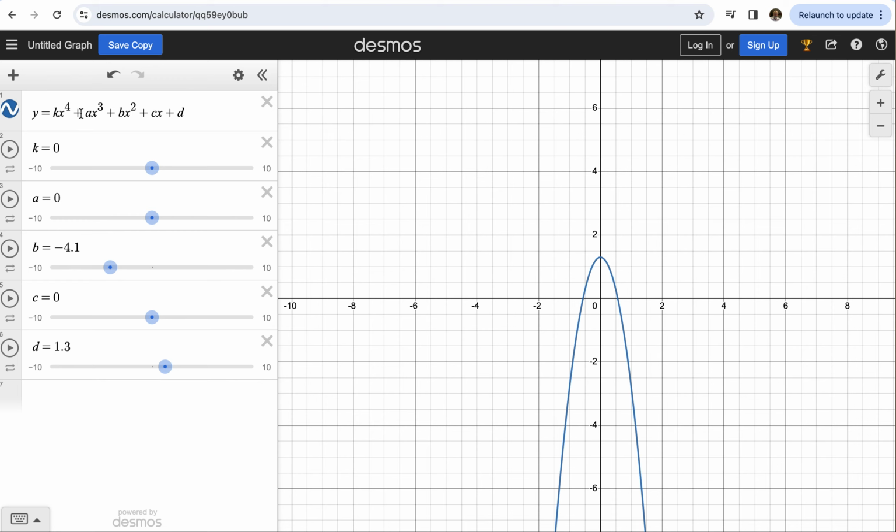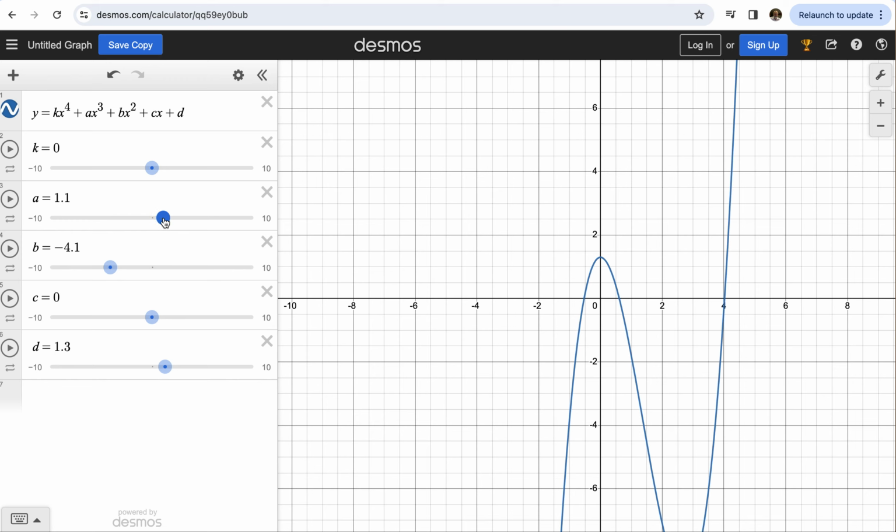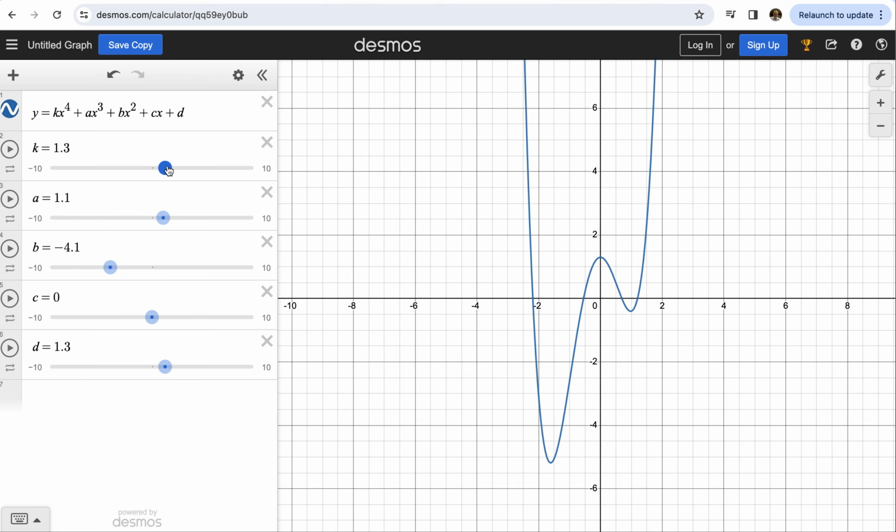It's a parabola. These terms are gone because they got 0 for the coefficients. So if the degree is 2, it has 1 turn. If the degree is 3, it has 2 turns. There we go. See the 2 turns. And if the degree is 4, it can have 3 turns. 1 there, 1 there, and 1 there.